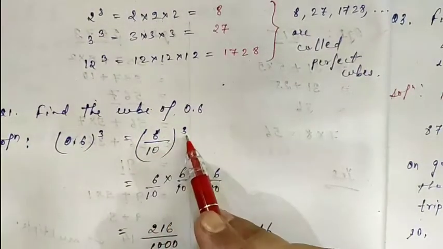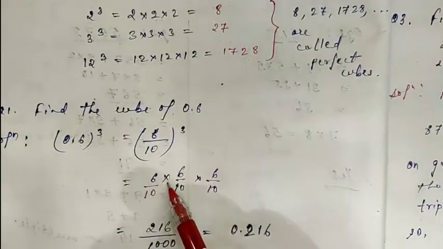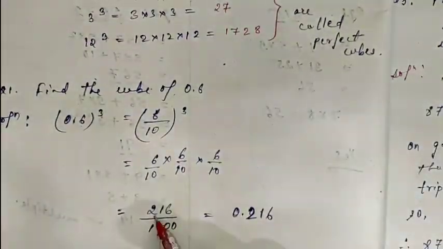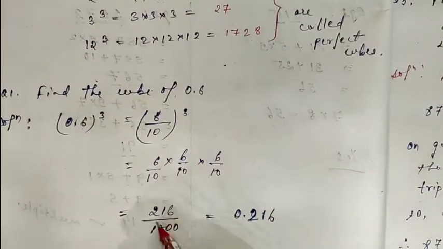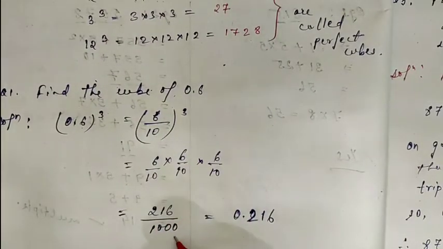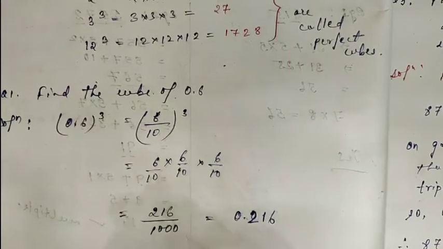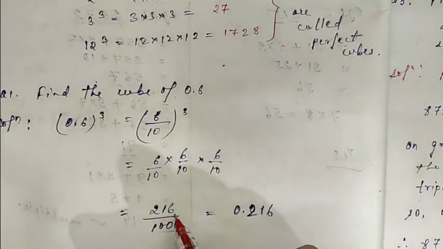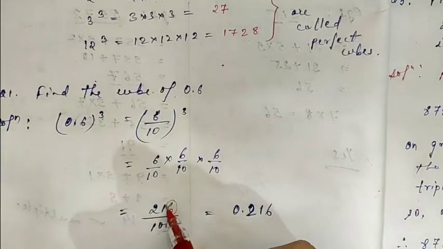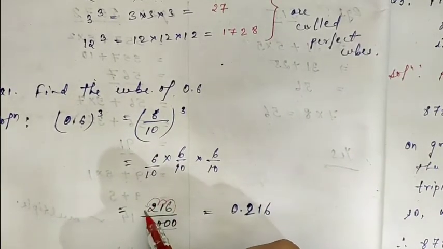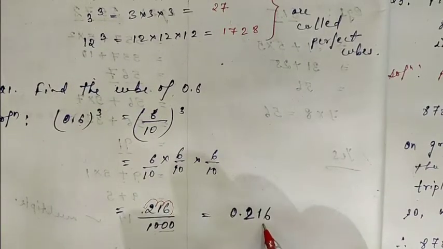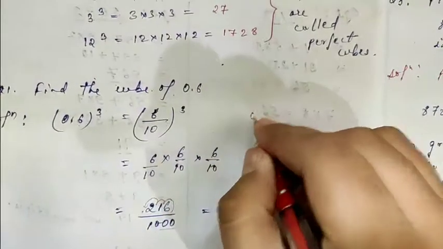So 6 by 10 multiplied 3 times: 6 by 10 multiplied with 6 by 10 multiplied with 6 by 10, and you will get 6 into 6 into 6, 216, divided by 1000. There are 3 zeros, so 3 places will move the decimal, 1, 2, 3, and you will get 0.216.